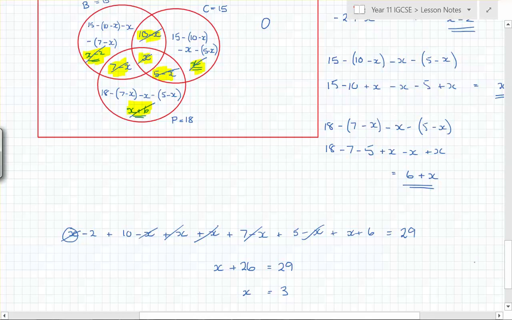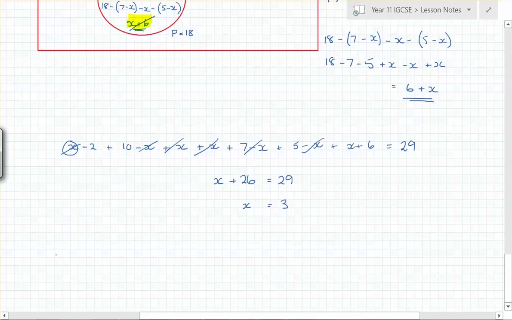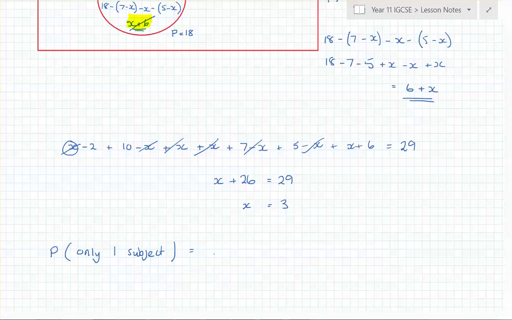Now, if I said to you, this is part of our objective as well. Right, so here you go. If I said to you, right, I'm going to pick someone at random from this school. What is the probability that I get someone that studies only one subject out of those 3 subjects? So what would the denominator be? 29.